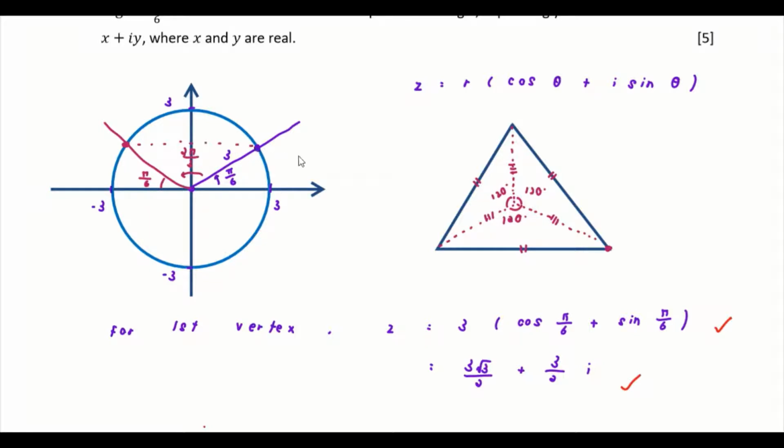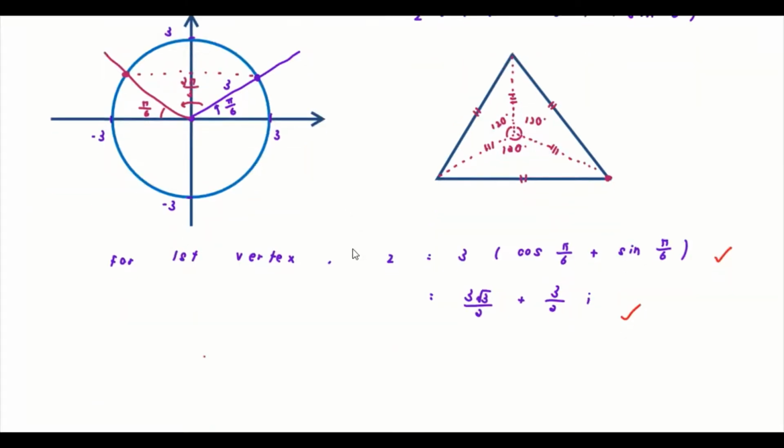Okay, so the other way to do that is that you need to write down the argument for this line, which is basically pi over 6 plus 2 pi over 6. So this is for the second vertex. Okay, so it will be z equal to the radius, which is 3, right, because it's on the circle as well.